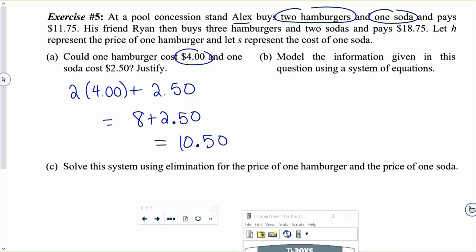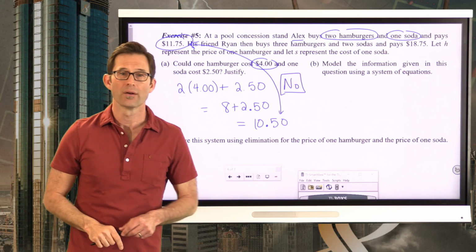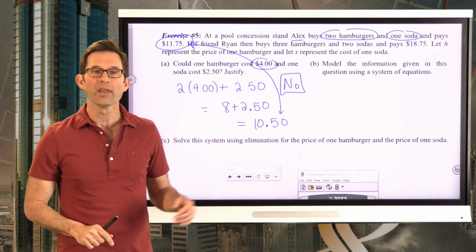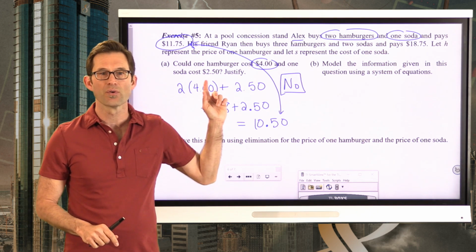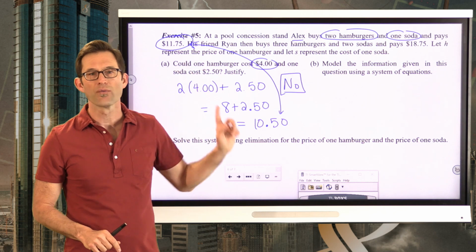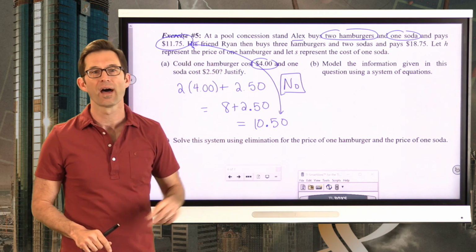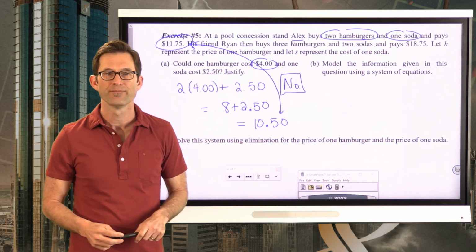Now, what did they say that Alex spent? Alex spent $11.75. So, no. We don't even have to check Ryan, right? Because we know that if the hamburger costs that much and the soda costs that much, then Alex would have only paid $10.50, but we're told that Alex pays $11.75.